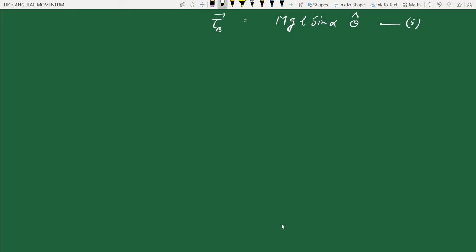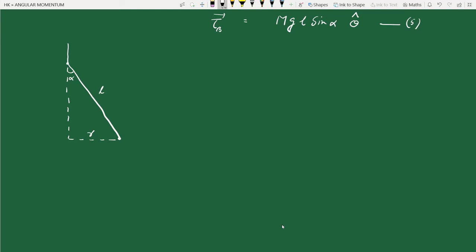So this is our vertical, and this is our rod of length L. This angle is alpha, and this is the radius of the circular path.